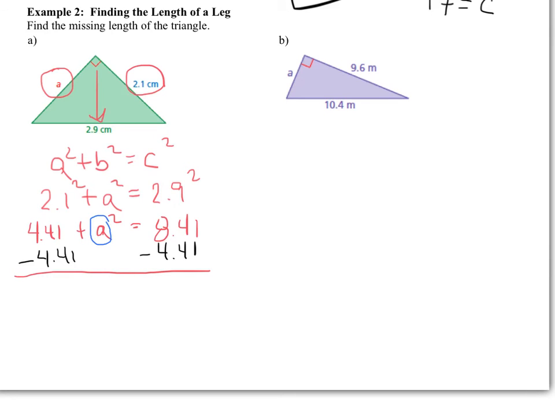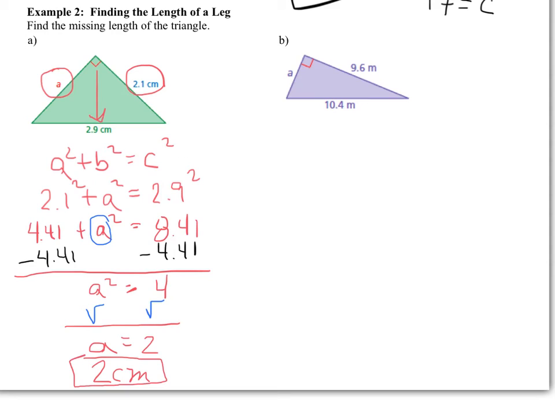That will help cancel out the next piece. So it leaves a squared by itself on one side and 4 on the other side. Then we take the square root to undo the a squared, and the answer would be plus or minus 2, but we don't really care about the minus 2. So in this case, that would tell us that the leg is 2 centimeters long.